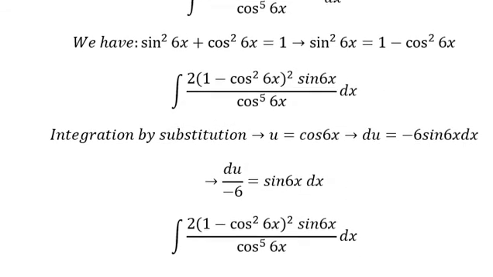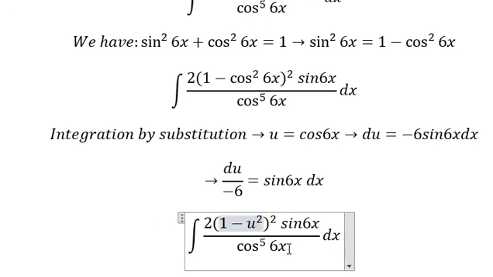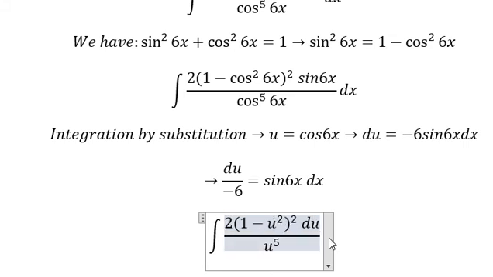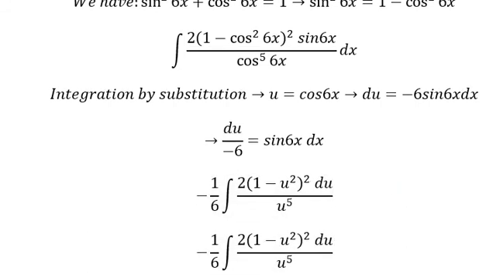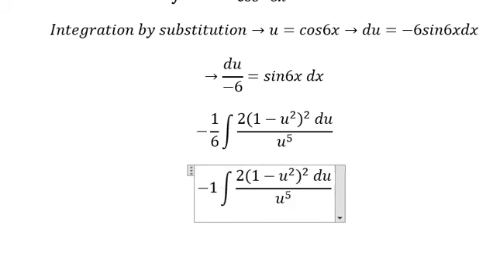So we change this one into u squared. This one we change for u to the power of 5. Sine 6s ds we change for du over negative 6. 2 over 6, you get 1 over 3.